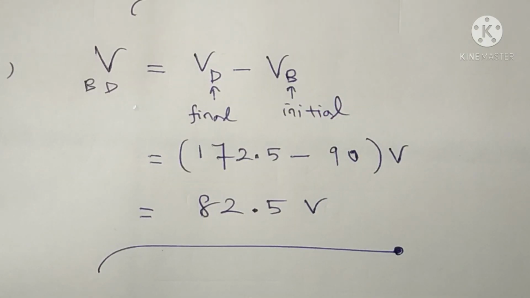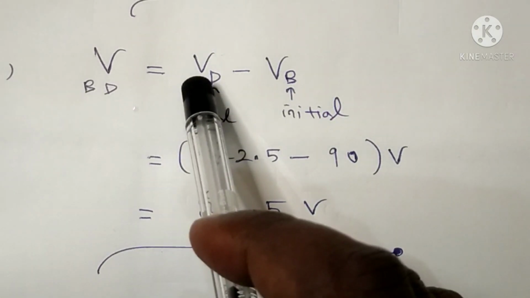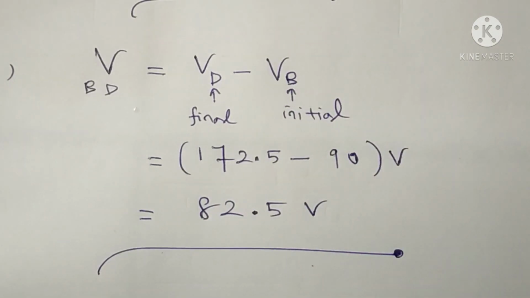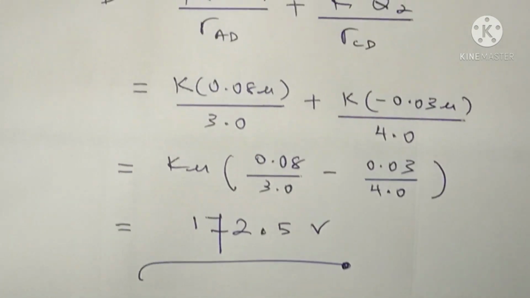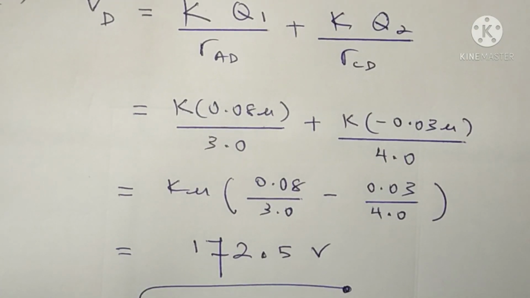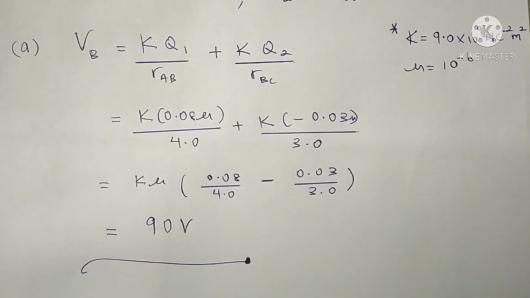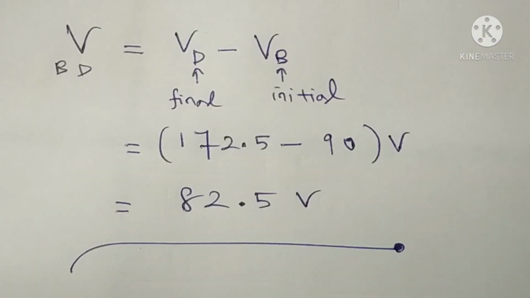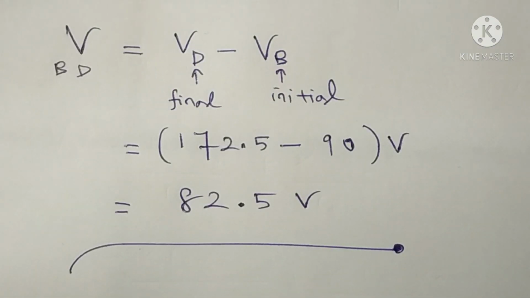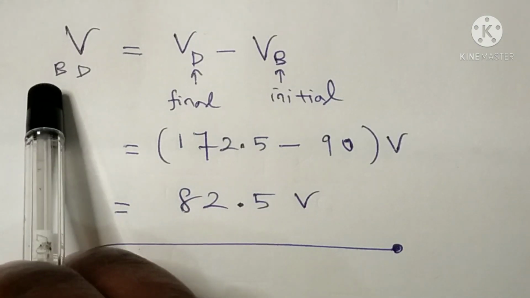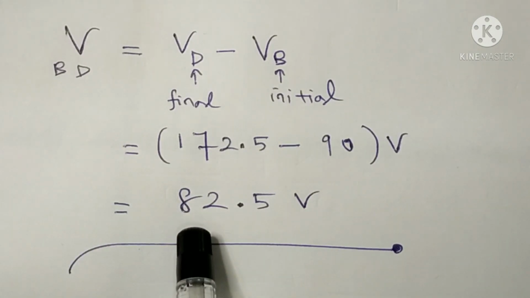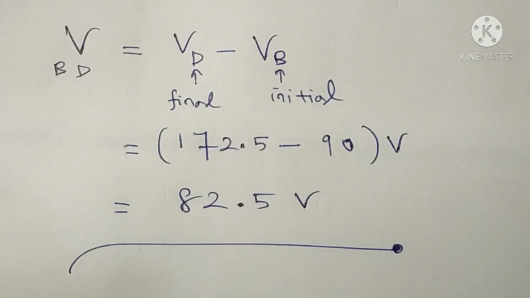We already got the electric potential for VD and VB from the previous section, which is VD is 172.5 volt and VB is 90 volt. So we just substitute these values into this equation to get the potential difference between point B and D, which is equal to 82.5 volt.